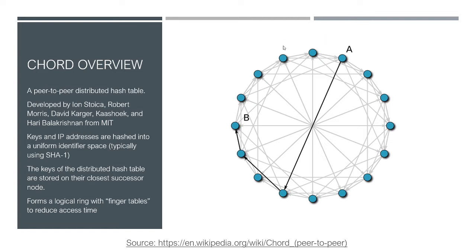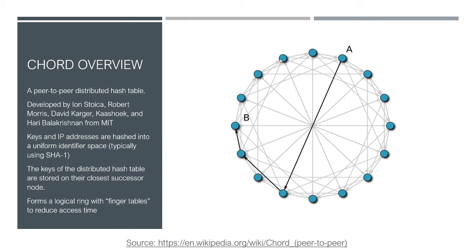And so then based on the location of these nodes in the namespace, we can then partition and assign pieces of our distributed key value store out to these different nodes.